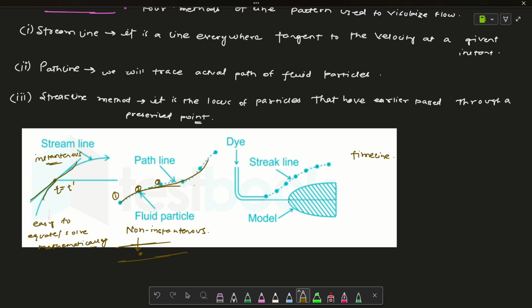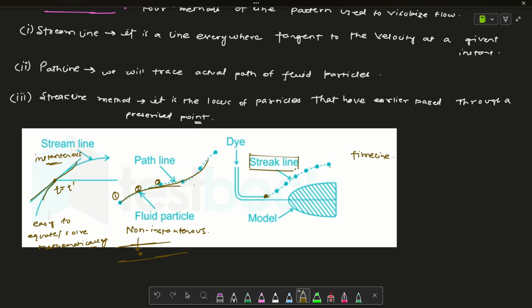So what does that mean? Here in this case, you put a dye here, and a flow is there. An obstacle is there in the path of the fluid. You will hold on to this position and see how many particles are passing over there, and you will make a locus of all the particles, and you will make a line. That one is known as a streakline.